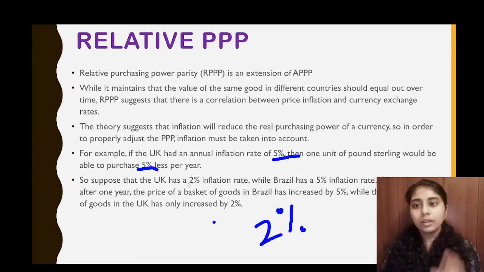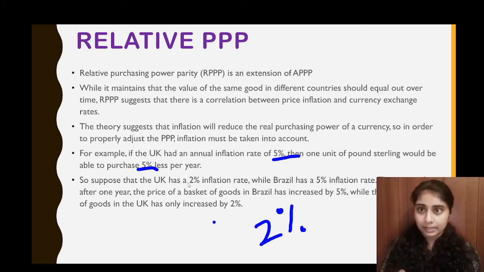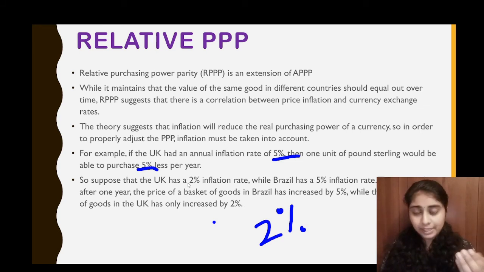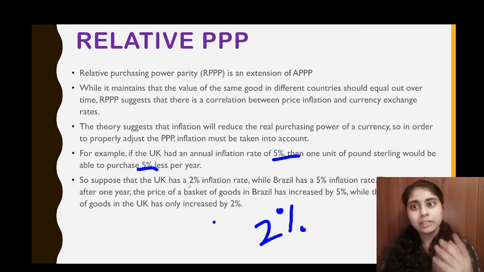Okay, so the same product having the same price, but due to inflation rate, the price changes at two different levels. That is, the football price is increasing only 2% in UK because the inflation rate is only 2%. In Brazil, the same football is costing 5% more because the inflation rate is 5%.